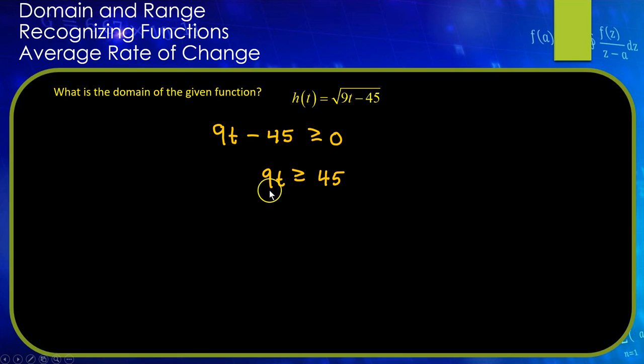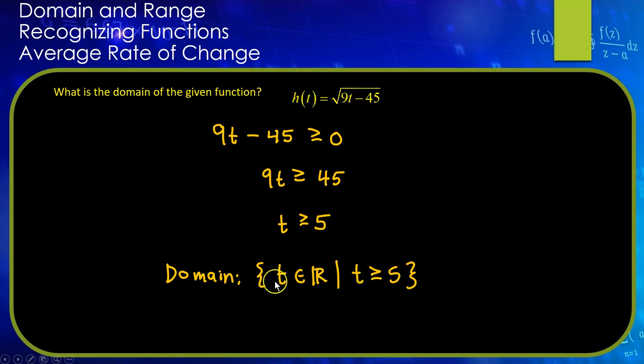Adding 45 to both sides means that 9t is greater than or equal to 45. And dividing both sides by 9, that means that t is greater than or equal to 5. So for this to exist, t has to be greater than or equal to 5. And so that's my domain: all real numbers t, such that t is greater than or equal to 5.